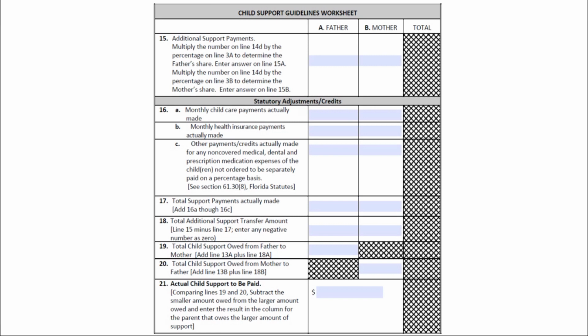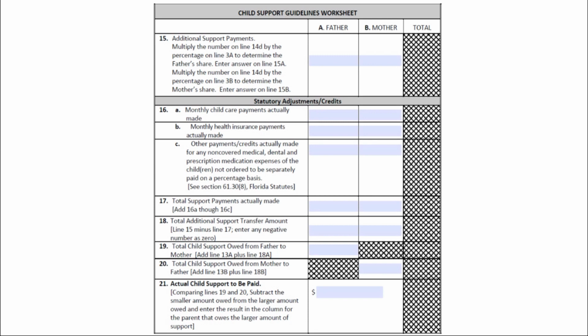In order to determine this amount, you must multiply the number on line 14D, which is found at the bottom of page 4 of the worksheet, by the percentage on line 3A to determine the father's share. Make sure that the number calculated from 3A is a decimal number.